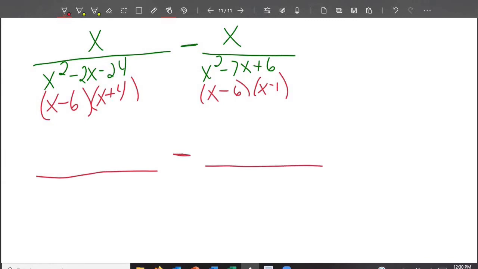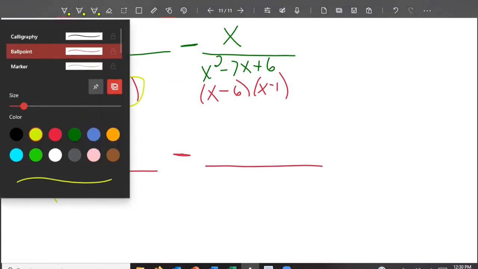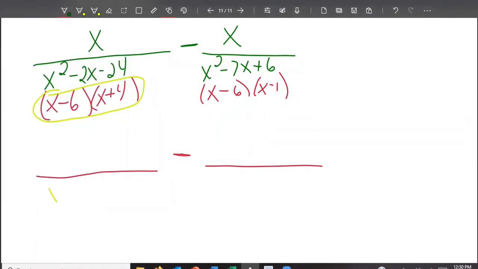Now, the common denominator will definitely have these two pieces, x minus 6, x plus 4.